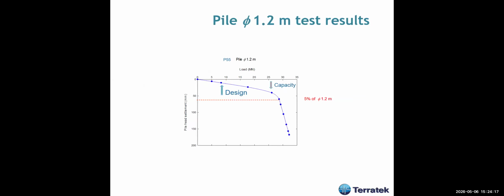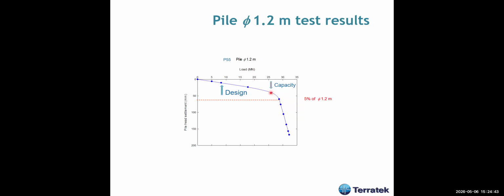So they carried out 3 pile load tests with this technique that was originally developed by Pedro Elísio, a friend of mine. And this was the pile test for the 1.2 meter diameter pile. Okay, as you see here, this is approximately the capacity.